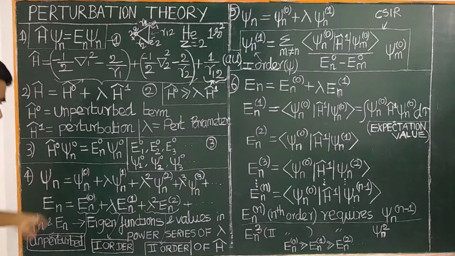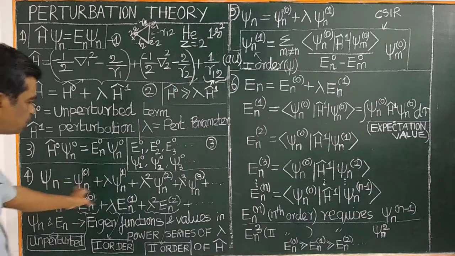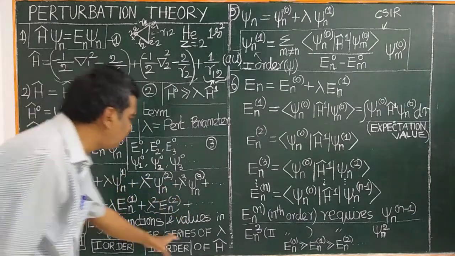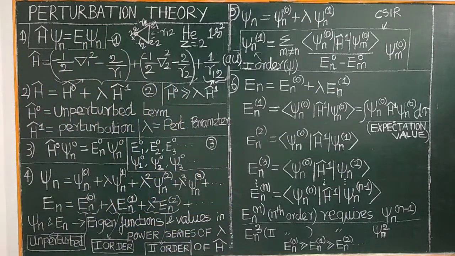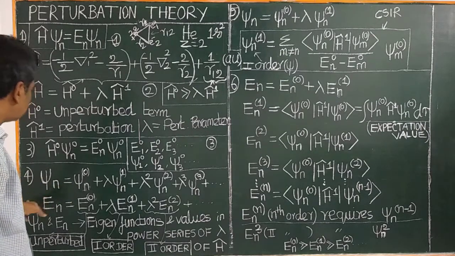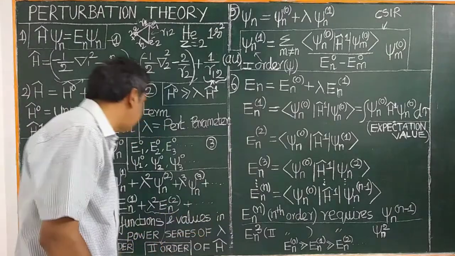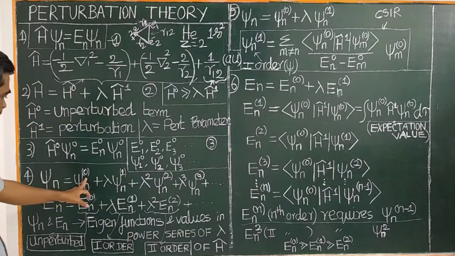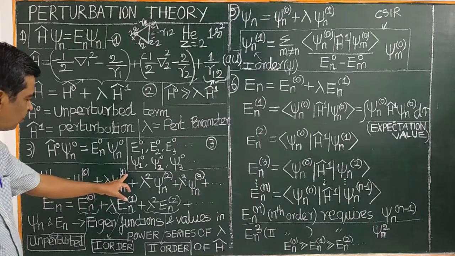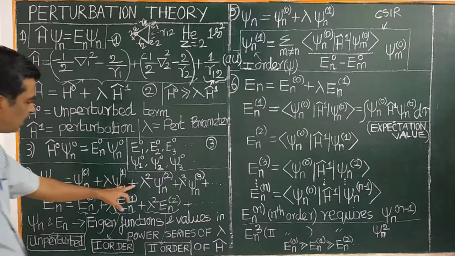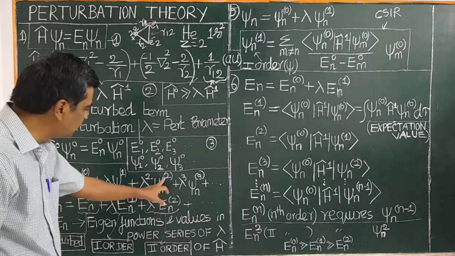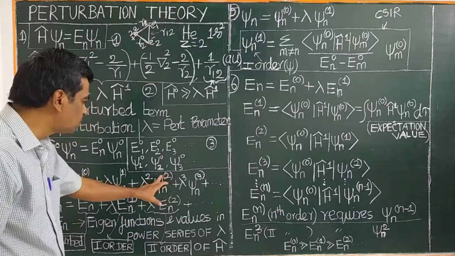The eigenfunctions and eigenvalues are expressed in a power series of lambda, like the virial equation you have studied. Therefore, psi n equals psi n naught plus lambda psi n 1 plus lambda square psi n 2, and so on.